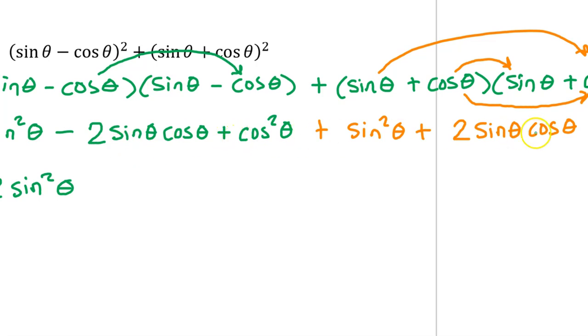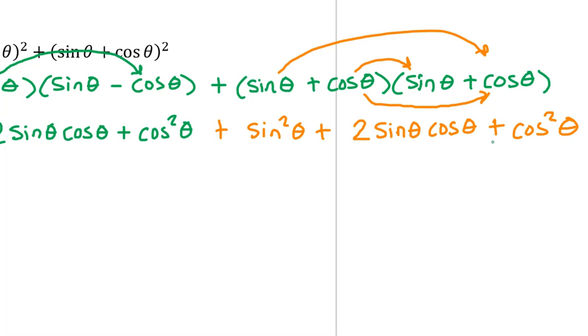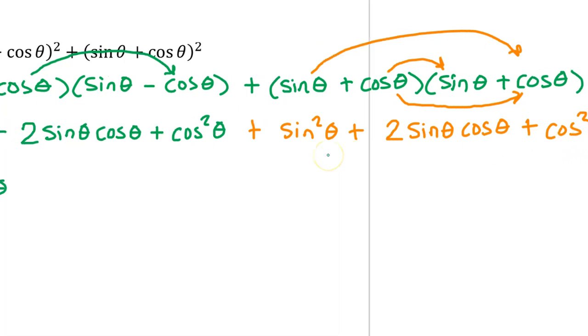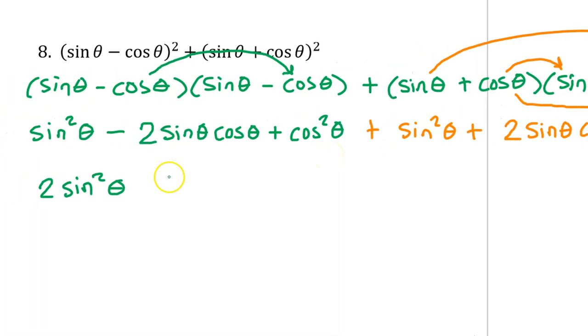So those are going to cancel each other out. Moving on, I see that we have cosine squared theta plus cosine squared theta. So that's going to be 2 cosine squared theta. So we have plus 2 cosine squared theta.